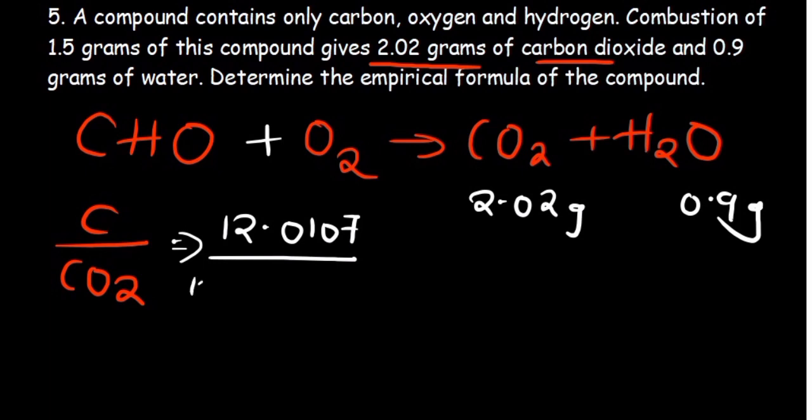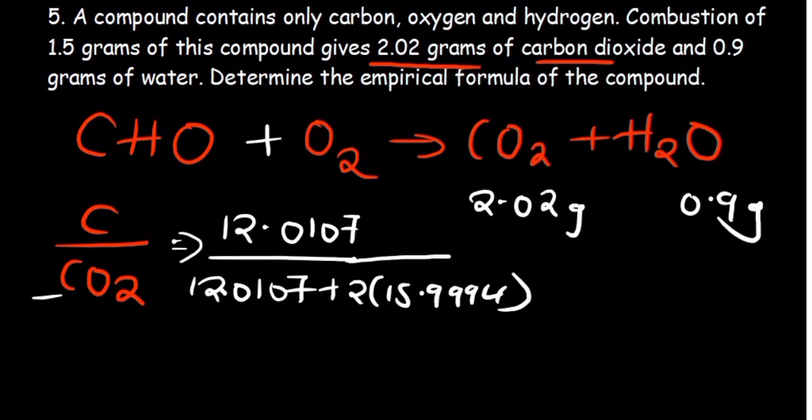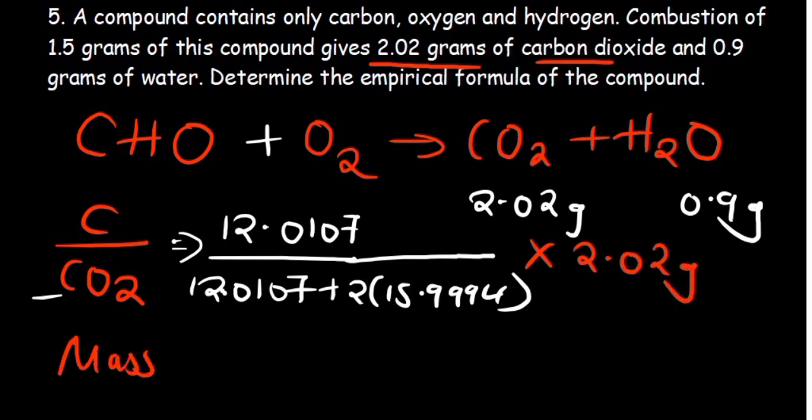So you have a summation of 12.0107 for the carbon plus 2 multiplied by 15.994 for the oxygen. You've come up with the ratio of carbon to the compound molar mass multiplied by the mass there. Our calculations will give us the mass of carbon content.